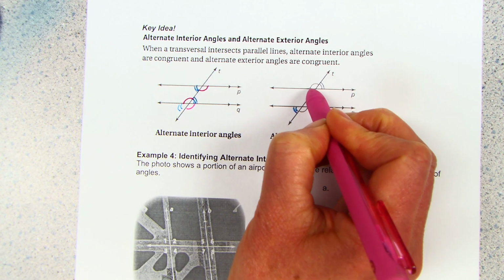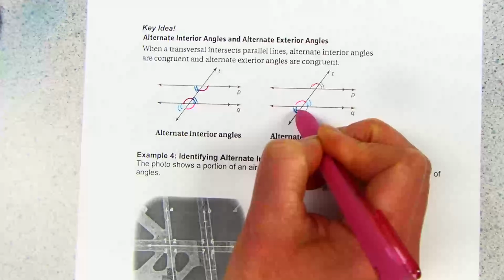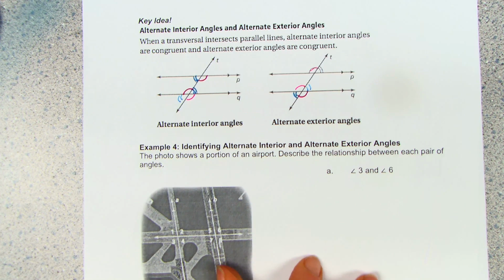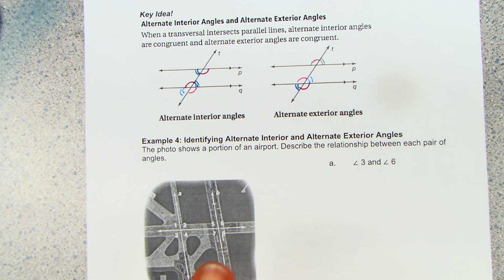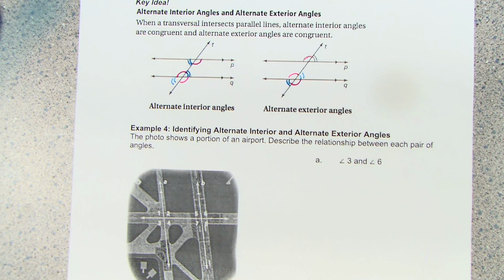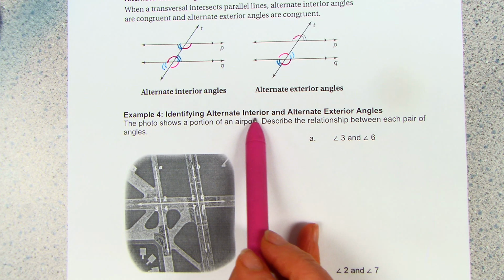And this angle corresponds to this angle, and then it is vertical to this angle, so they're equal. It just lets you shortcut instead of having to give two reasons why, two steps. You can just give one step. Right? And then we can use that, identifying alternate interior and exterior.